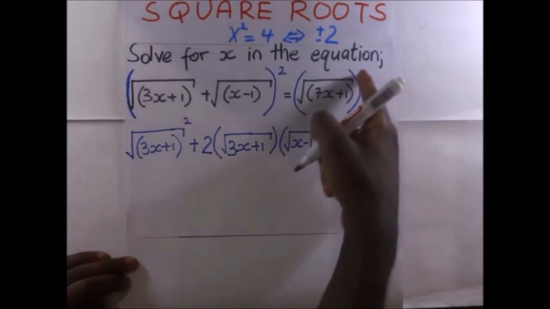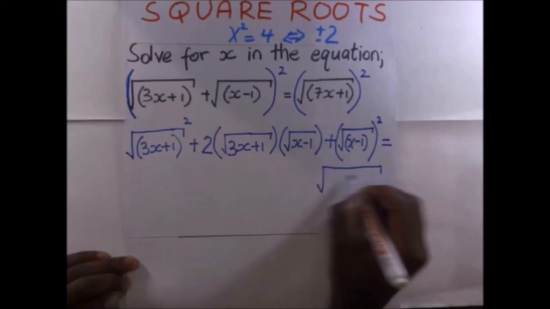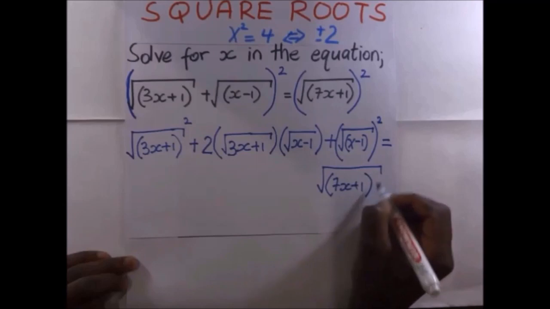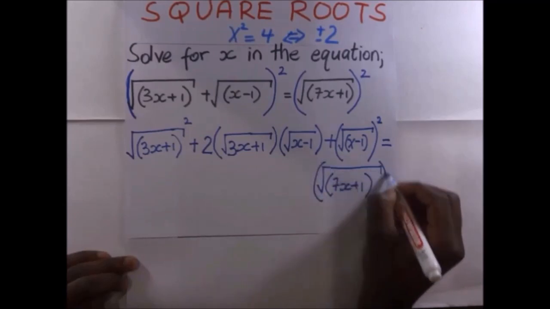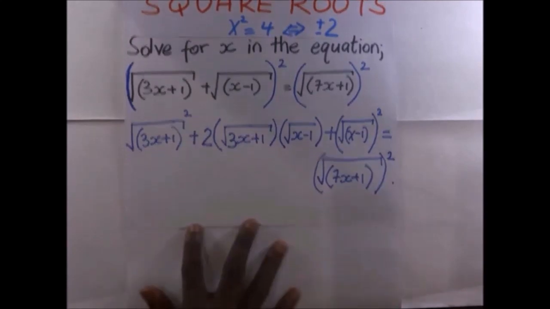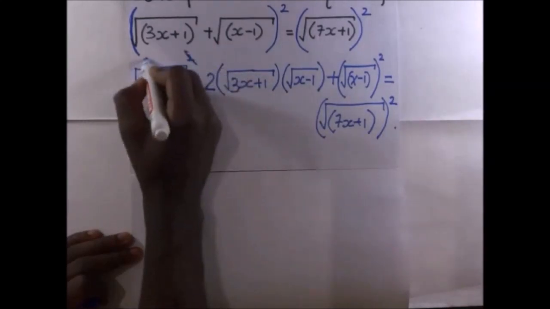So when that is squared, this square root sign is going to become like that. So we go to our next step. It means that this square root sign dies with that.